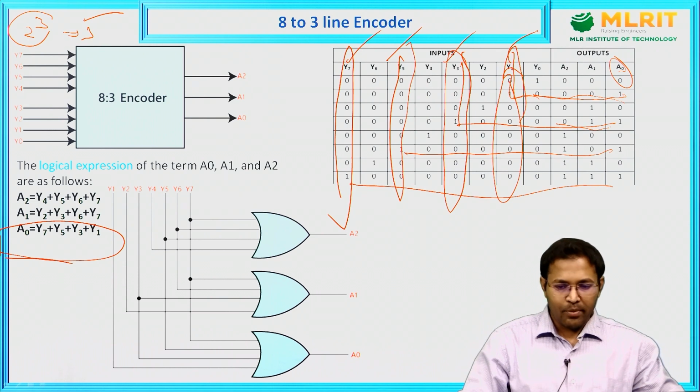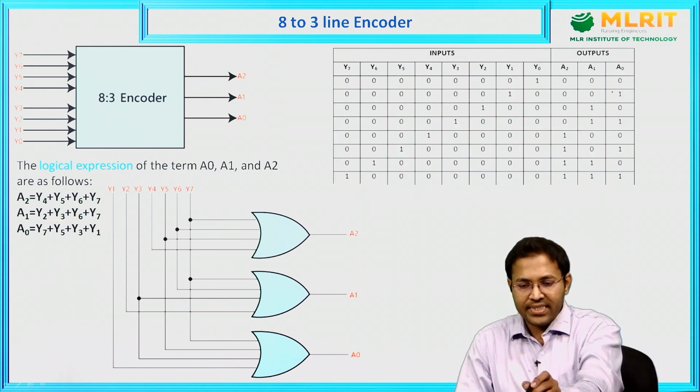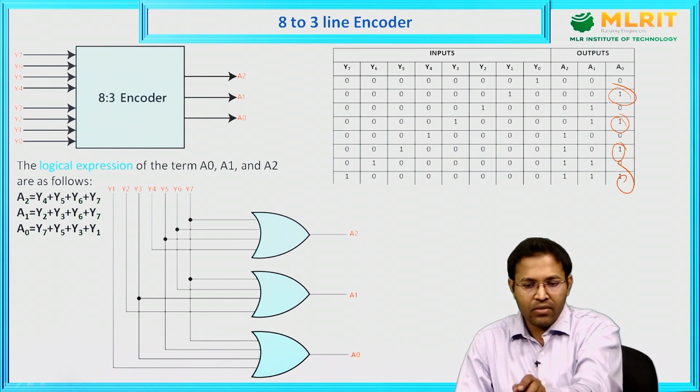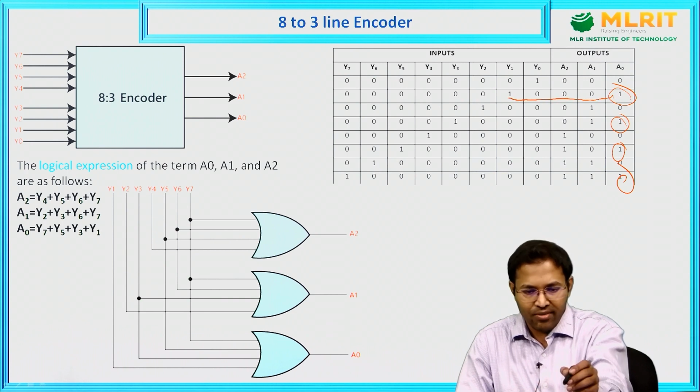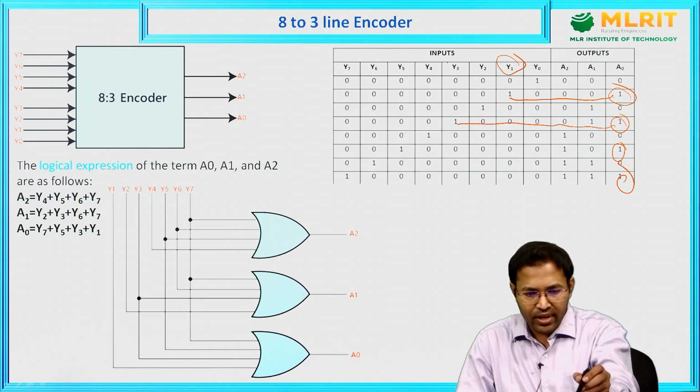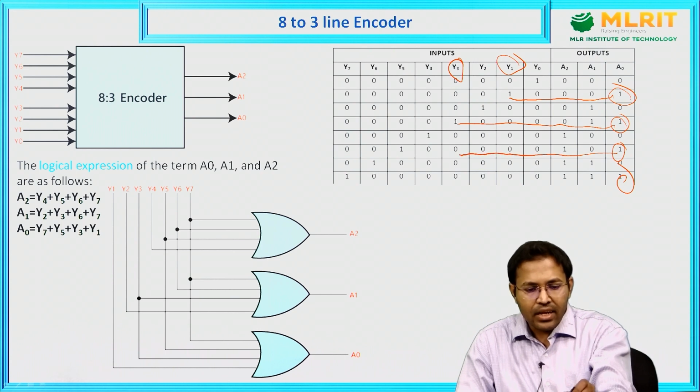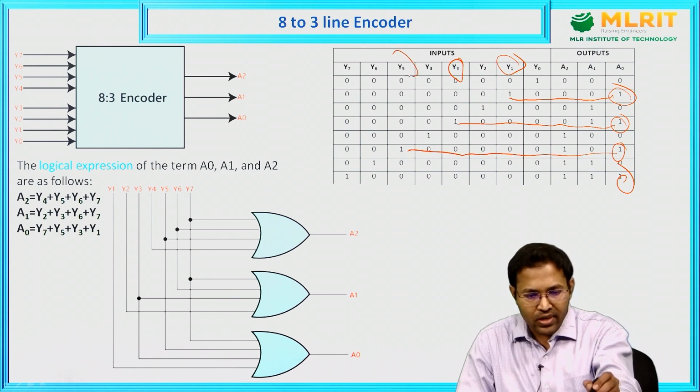Let me explain that once again. Just see where all a0 has 1: here, here, here, here. In this path, where you encounter a 1, consider this. Next in this path, you have a 1 here, so consider this. Then in this case, here we have a 1, so consider this.